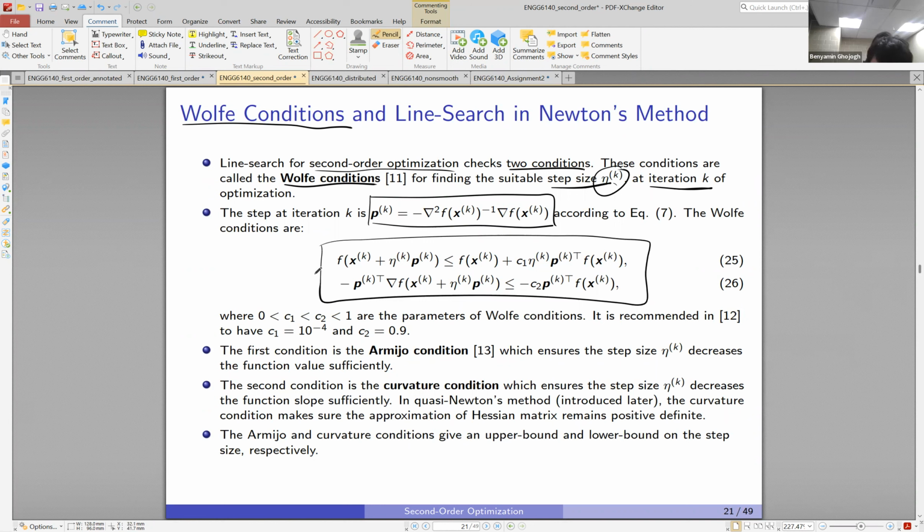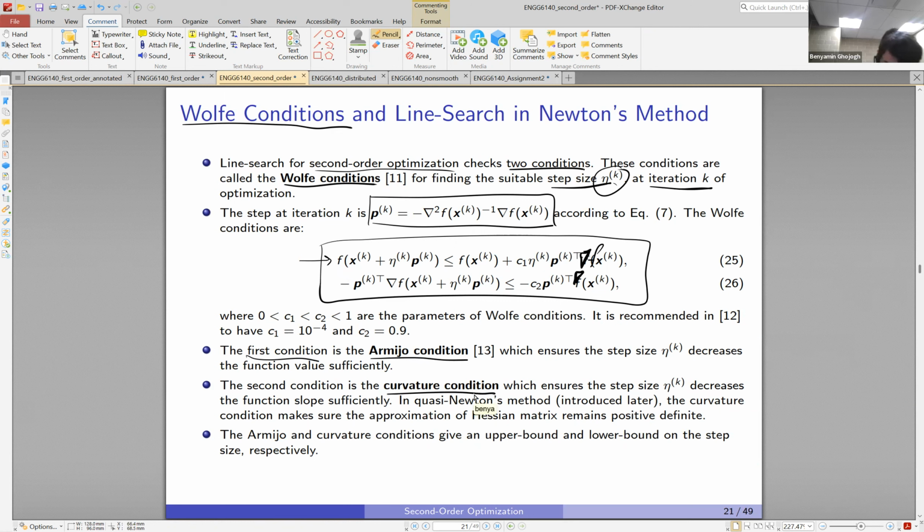By the way, these are gradient of f: p k transpose gradient of f, and p k transpose gradient of f. So here these are two. You can see that it's very similar to what we had in Armijo line search. That's why the first condition is the Armijo condition, and the second condition is called the curvature condition.